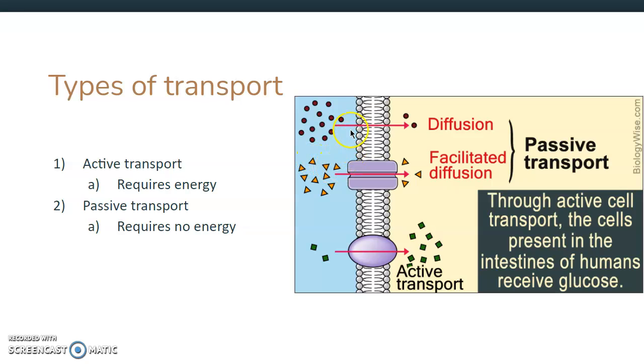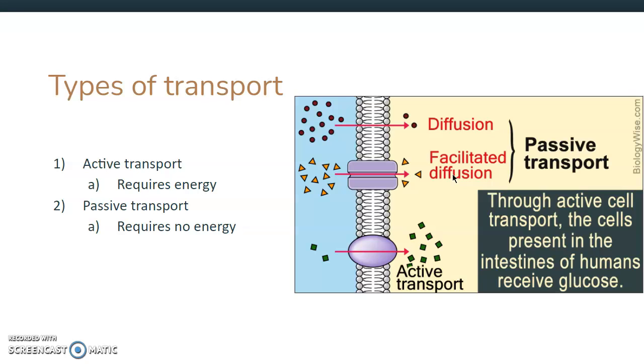And then we have passive, which just allows our objects to go from a high concentration to a low concentration. And we can see that with the circles and the triangles. The circles are going from a lot of circles to an area with fewer, and same with the triangles.